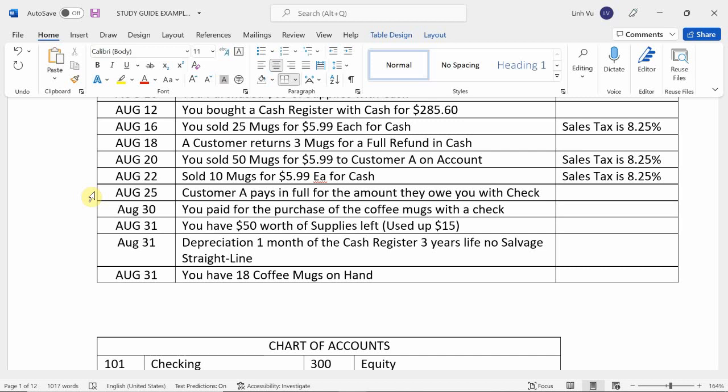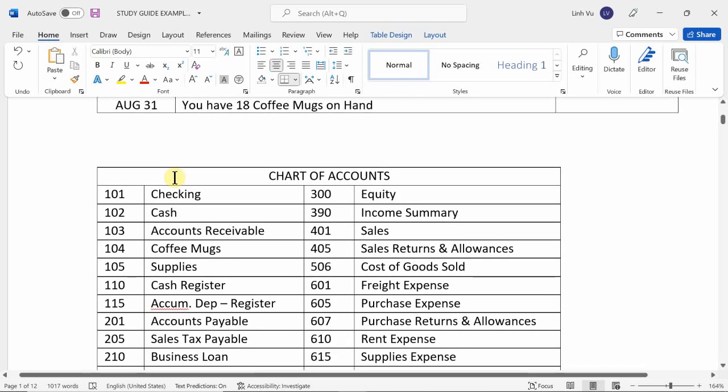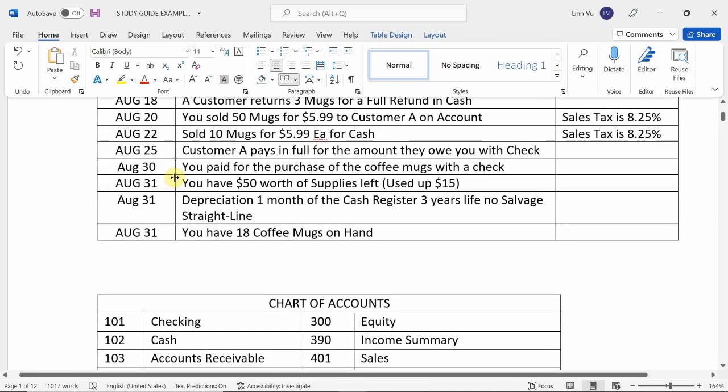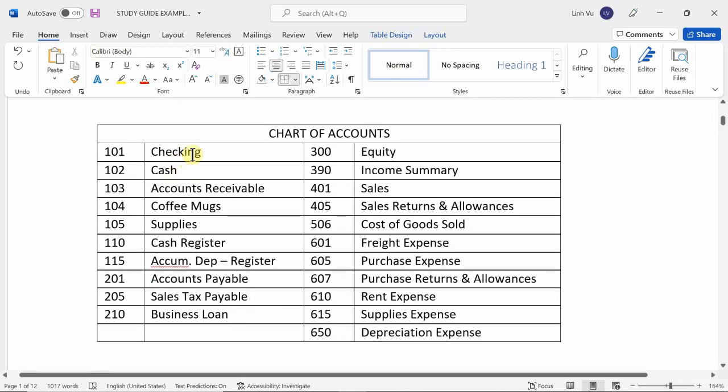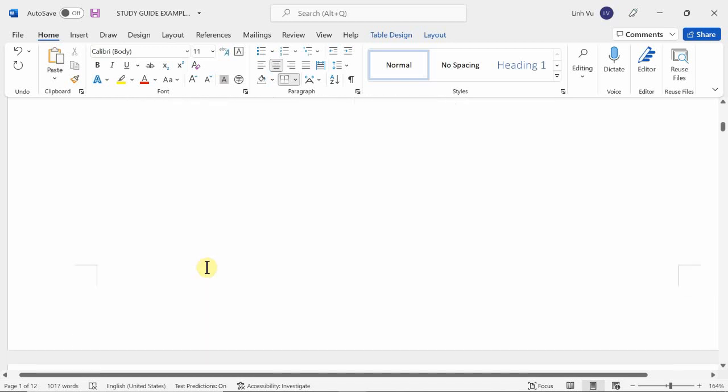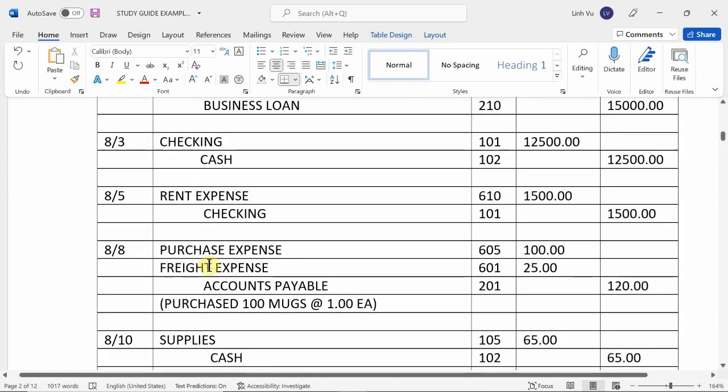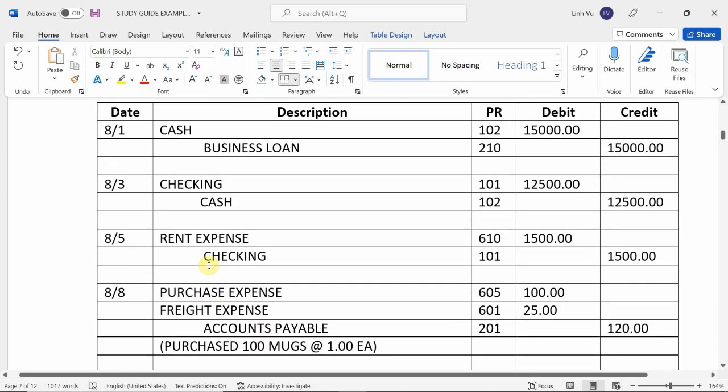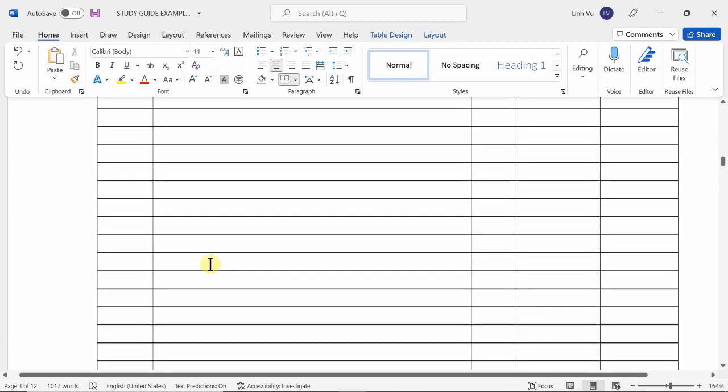I paid for what I owed with a check, so I am going to be writing a check out and paying for what I owe. In this case, accounts payable. I'm going to decrease my accounts payable by writing out a check. So at least I know that much, right?